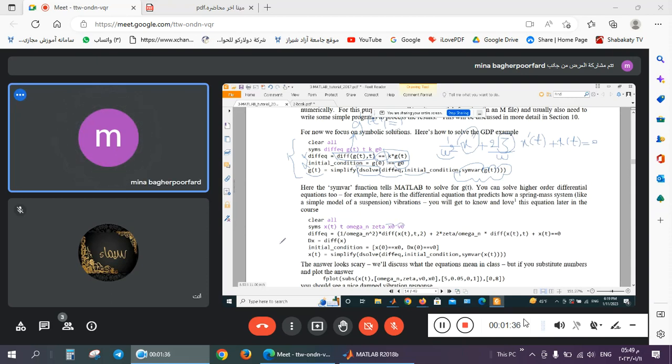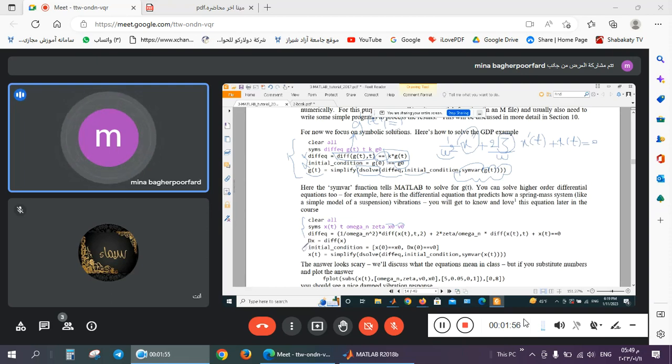Okay? After these three lines, I go to the fourth line. At the fourth line, I define dx equal diff of x, and it is not very important in our program.